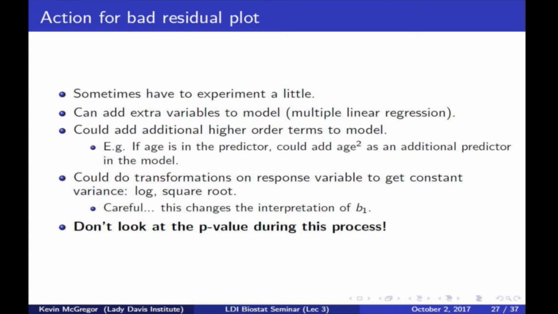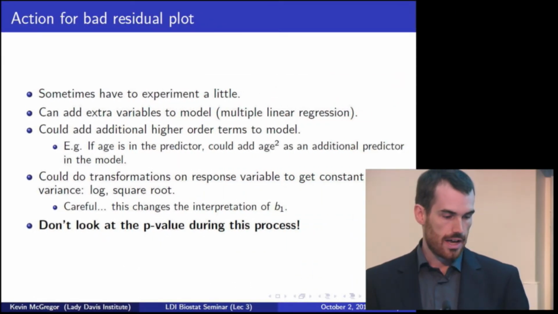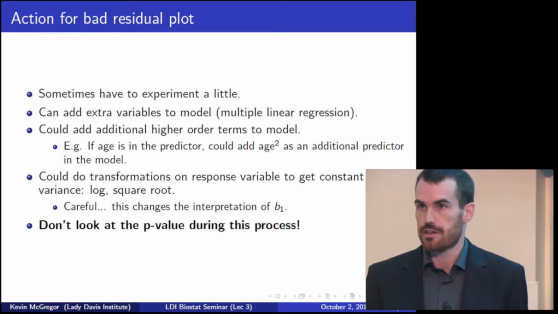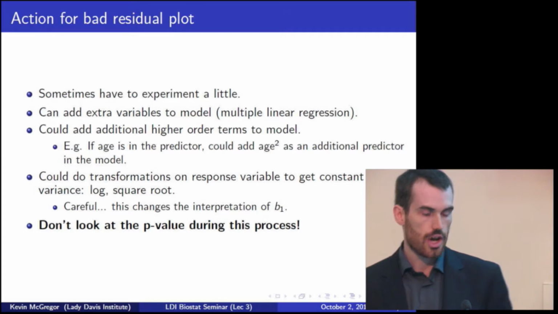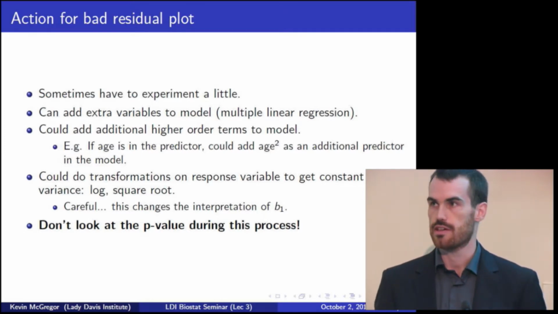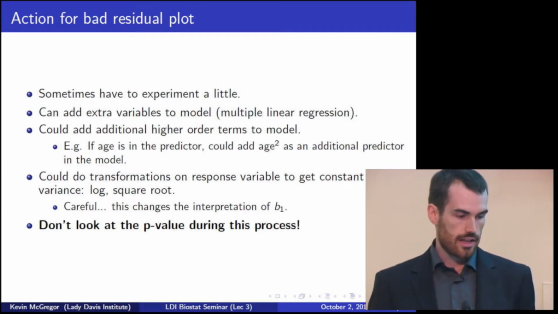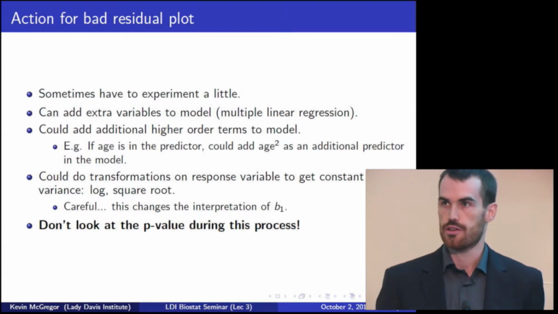But the most important thing to remember, if you're trying out a whole bunch of different models, is what I wrote here: don't look at the p-value during this process. I don't mean that literally. Obviously, you're going to look at the p-value, but we're humans. We want to see if things are significant or not. What I mean is that you should not let the p-value influence your decision as to what model you're going to choose as your final model.